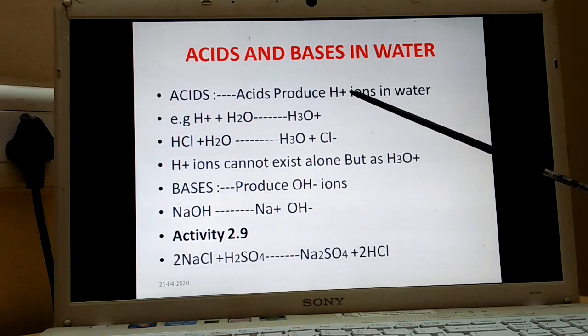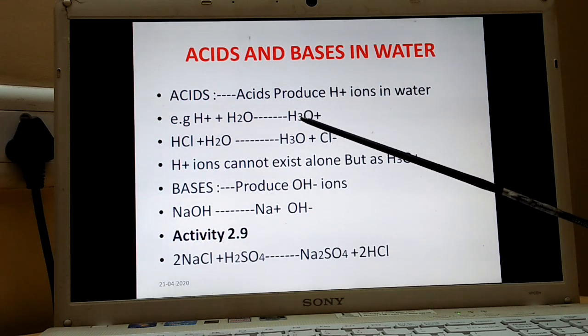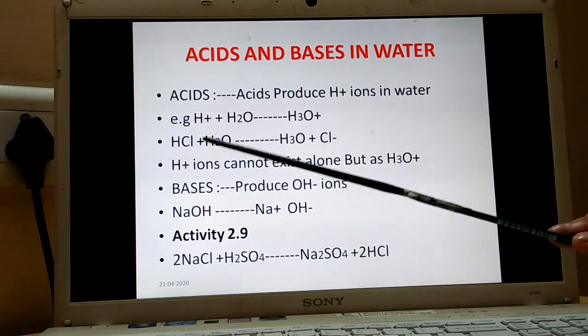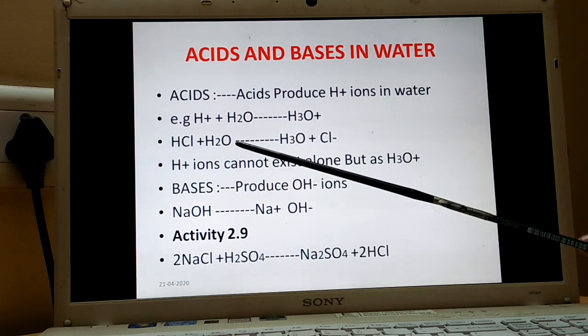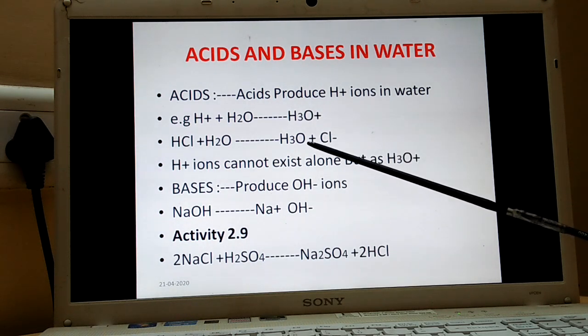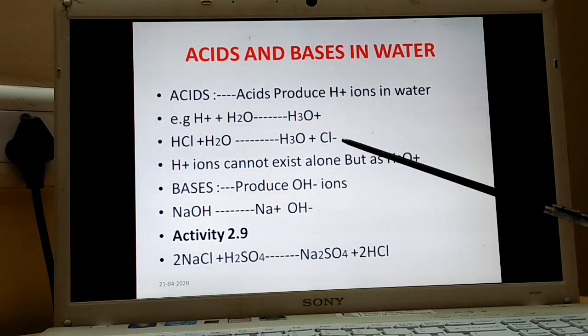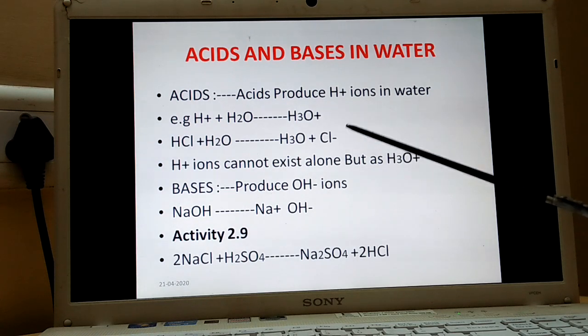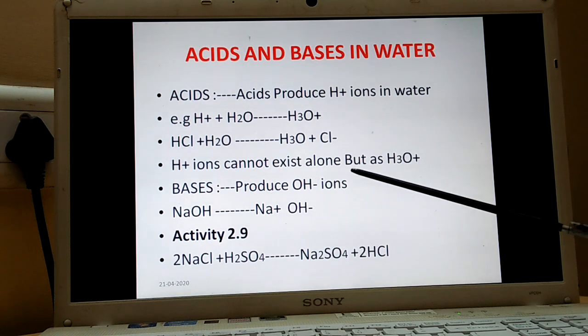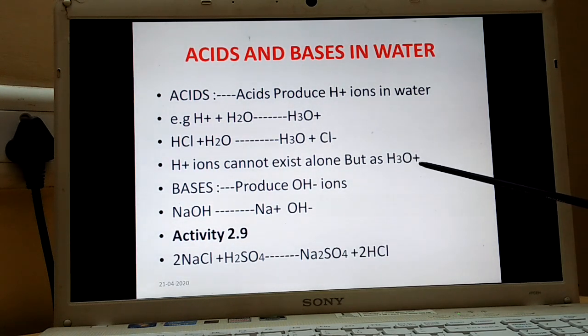Similarly, hydrochloric acid, whenever dissolved in water, the H plus ions react with water to form what type of ions? Hydronium ions plus chloride ions. Cl minus ion is chloride ion. H plus ions cannot exist alone, but they always exist in the form of H3O plus ions.